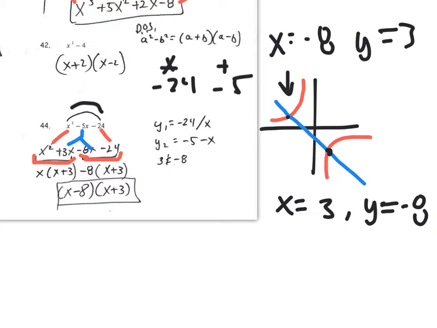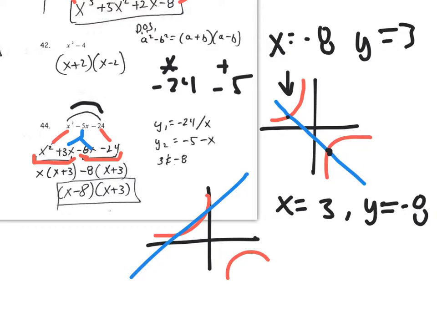Now, this graph will look like this, or sometimes it'll look like this. You have the arcs, and the straight line that I had done in blue will just touch one of these two things. And when it does, here I have two intersections again, and I just have to find one point.